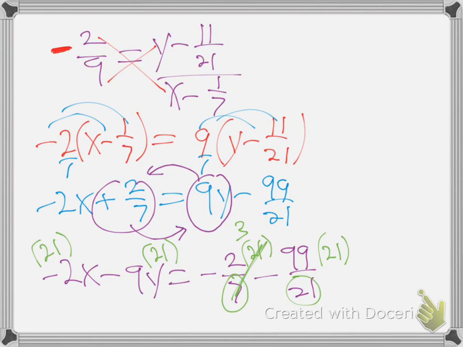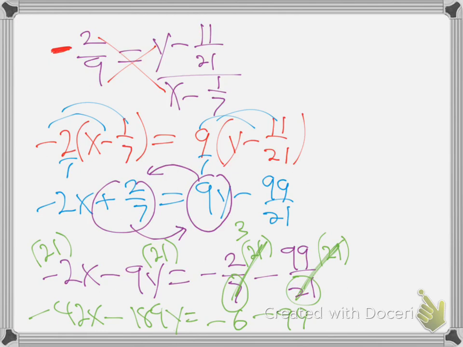So that'll be minus 6, right? 2 times 3. Let this do its job. Minus 9. Minus 42x minus whatever that is. 9 times 21 is 189. y. This is such a terrible problem.